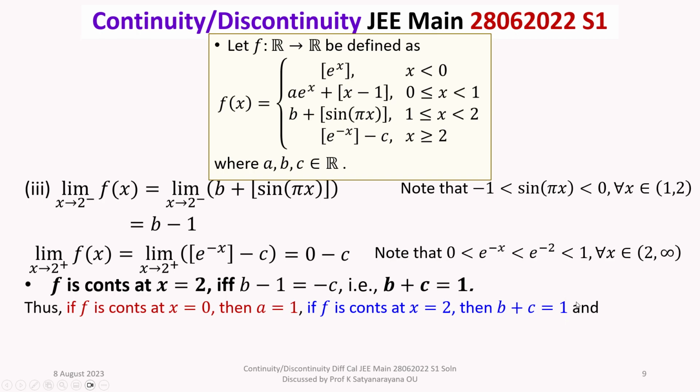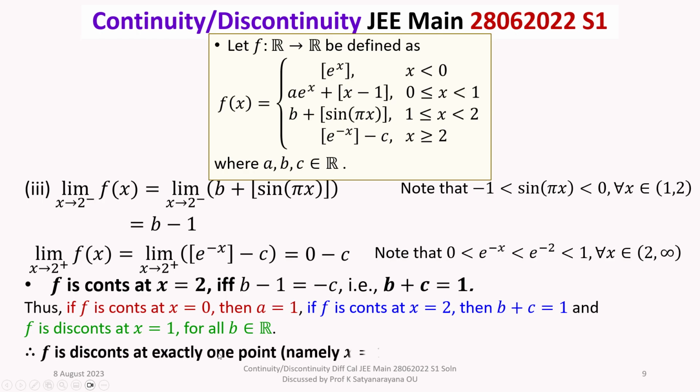And in case 2, f is discontinuous at x is equal to 1 for all b belongs to R. Summarizing all these things, f is discontinuous at exactly one point, namely x is equal to 1, when a is equal to 1 and b plus c is equal to 1. Why? When a is equal to 1 and b plus c is equal to 1, then f is continuous at x is equal to 0 and x is equal to 2.